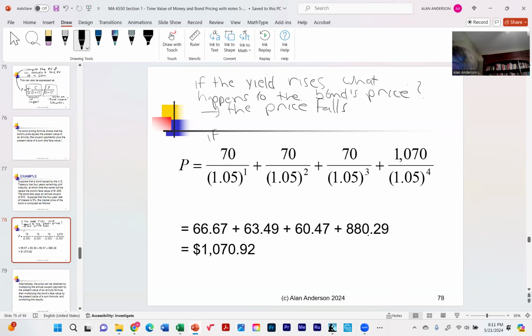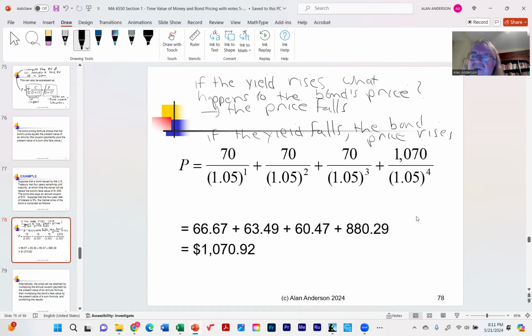If the yield falls, of course, obviously the bond price rises. In other words, there's an inverse relationship between interest rates and bond prices. Interest rates go up, bond prices go down, and vice versa. So in an environment where rates are heading up, bond prices are going to lose money. In an environment where rates are dropping, the opposite will happen.